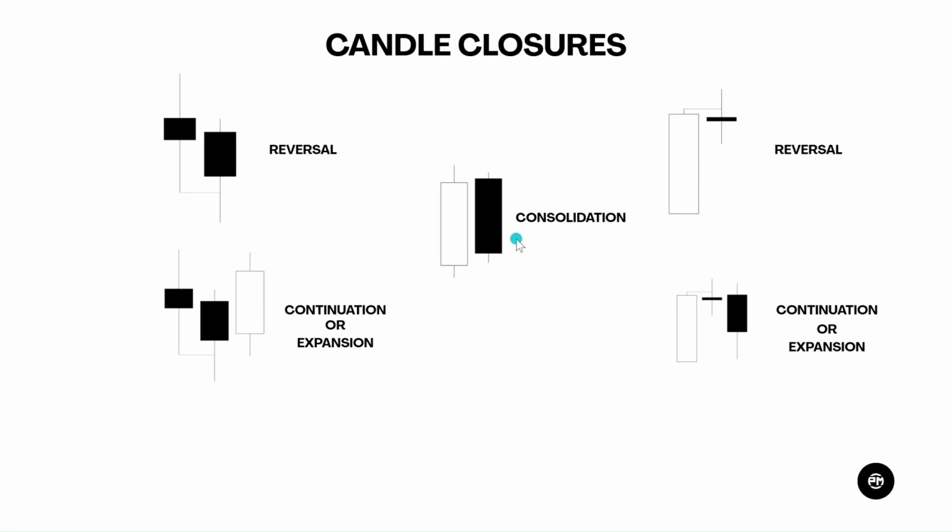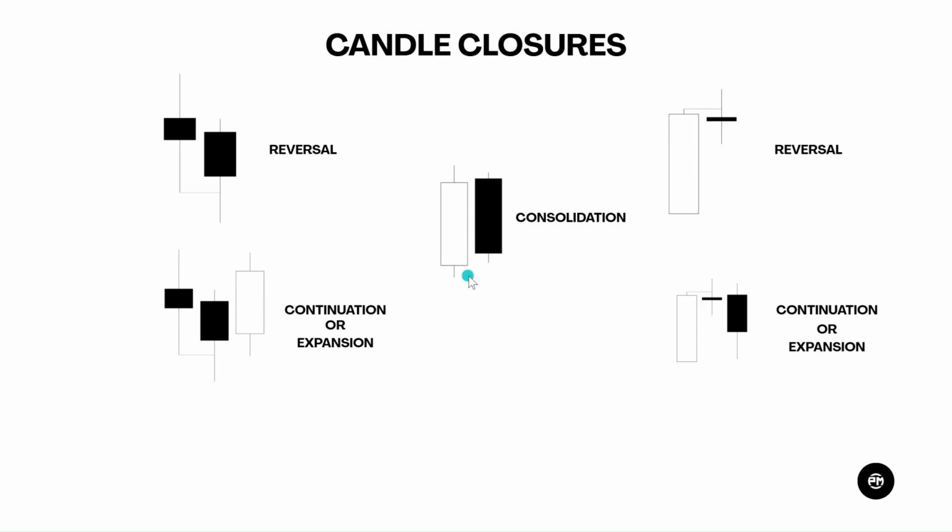Literally what I do in this scenario is that I mark out the high and the low of this candle range, and I wait for price to manipulate either the high and close inside of the range, and then we can anticipate price trading lower.